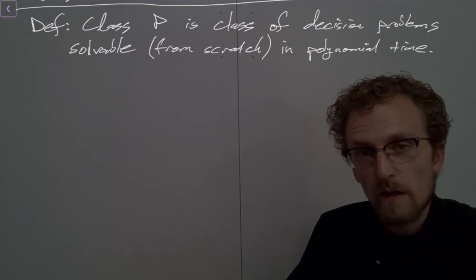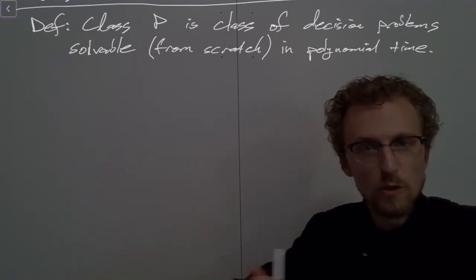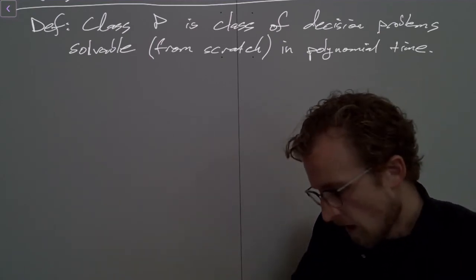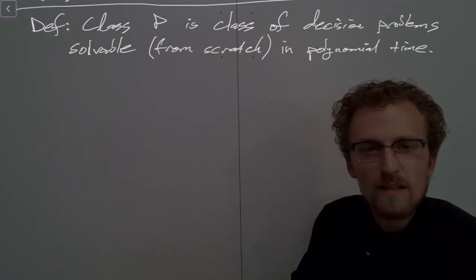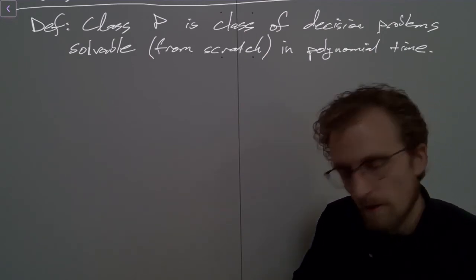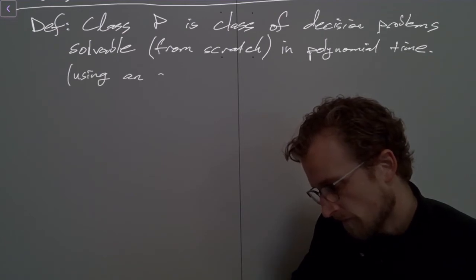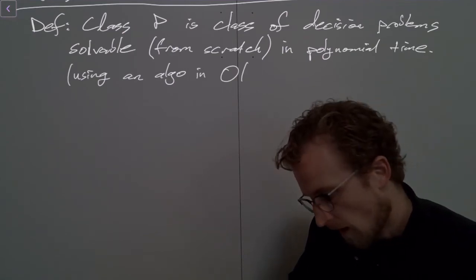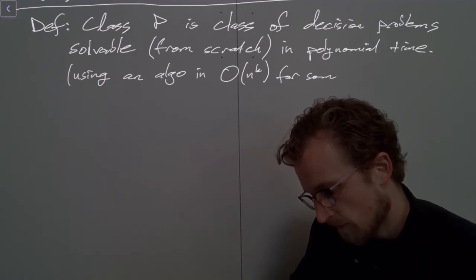Okay, what do we mean by polynomial time? Well, there's a number of ways of writing this down. One way would be to say it's the union of all polynomial complexity class decision problems. Another way to say it is that we can use an algorithm in big O of n to the k for some k less than infinity, some finite k.